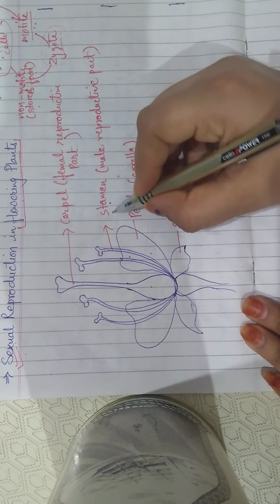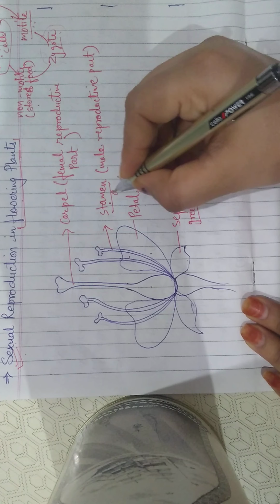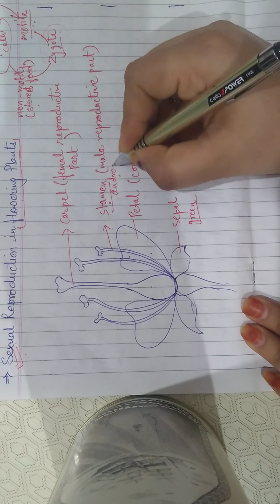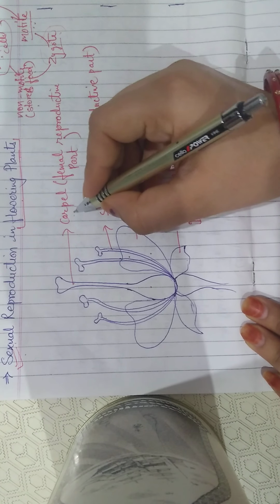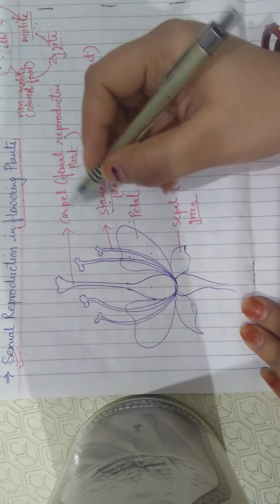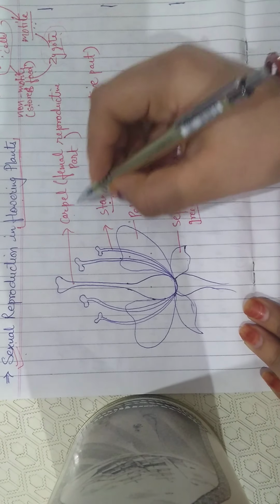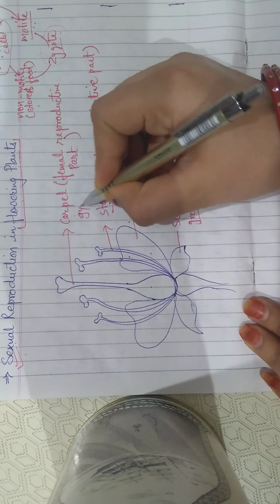The whorl of stamens is known as androecium, and the whorl of carpel, generally it is one, but sometimes it may be more than one, is known as gynoecium.